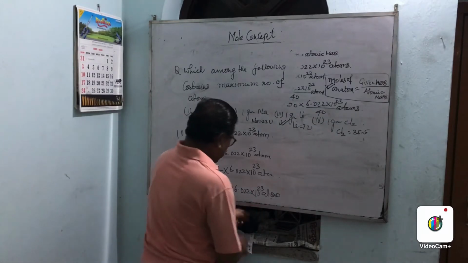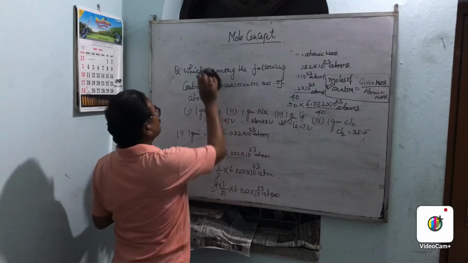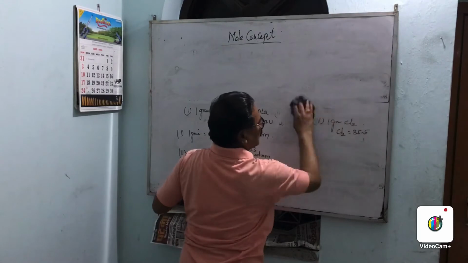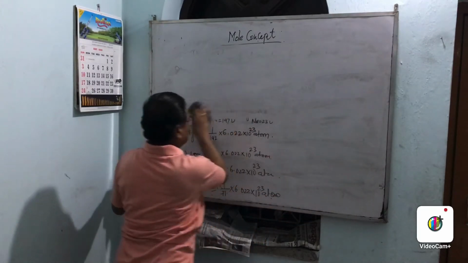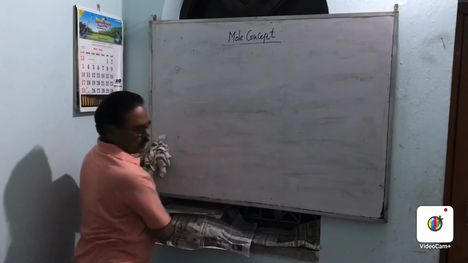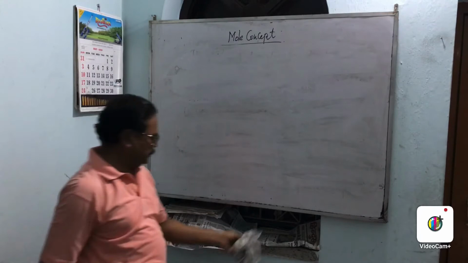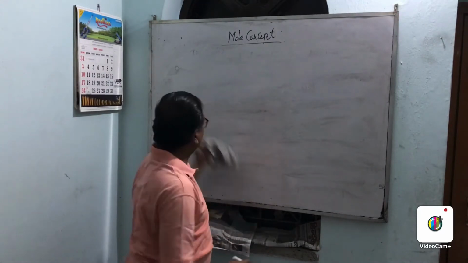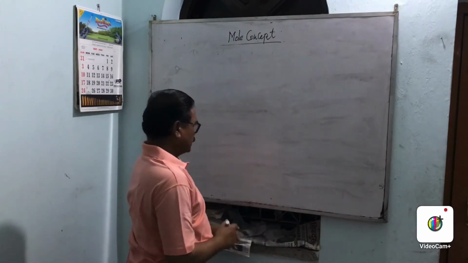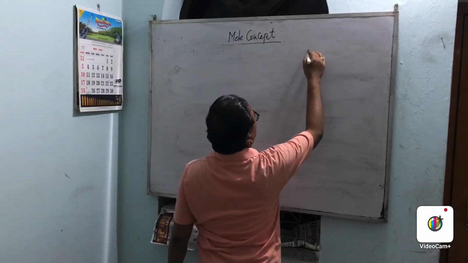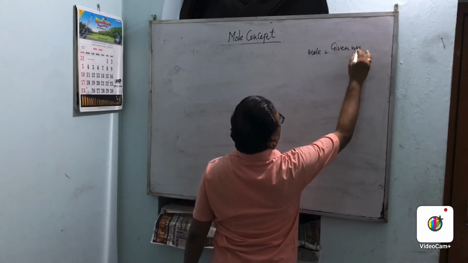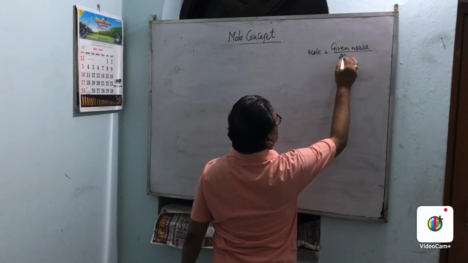So this is the atom and the mole. Now simply we consider the 1 mole and molecule. So we take it as mole and the molecule. So we take mole is equal to given mass by atomic mass.